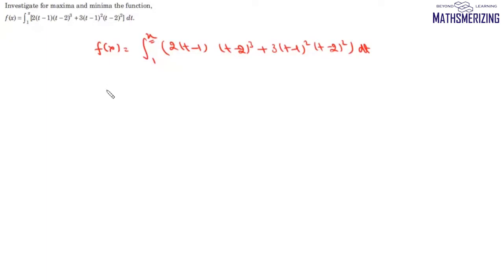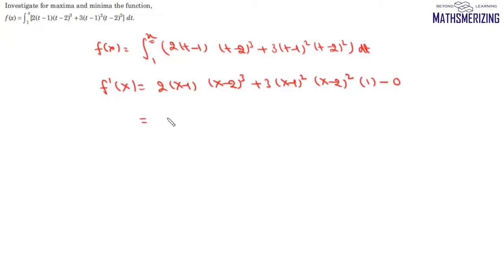Now what we'll do is for maxima and minima, we'll differentiate this function. We'll find f'(x). Now in place of t, we'll put upper limit. So it'll be (2x − 1)(x − 2)³ + 3(x − 1)²(x − 2)², and then derivative of upper limit, it is 1 minus, now lower limit is constant, so its derivative will be simply 0.